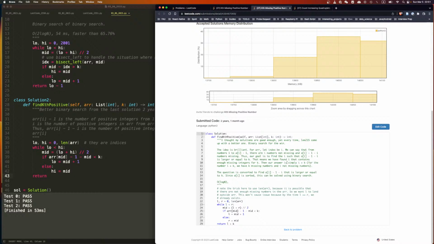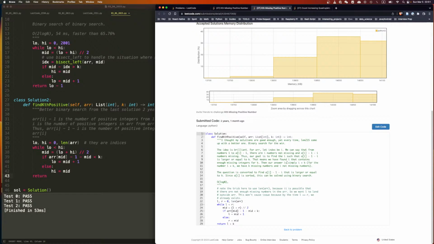For number I plus k, we have k missing integers and I not missing integers. We have 4 not missing integers, right?